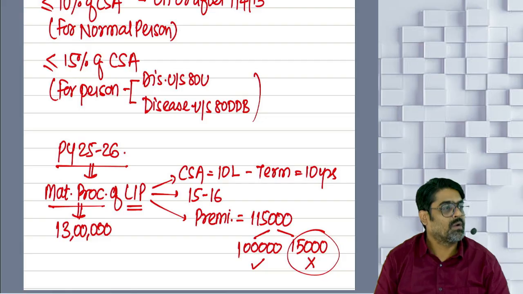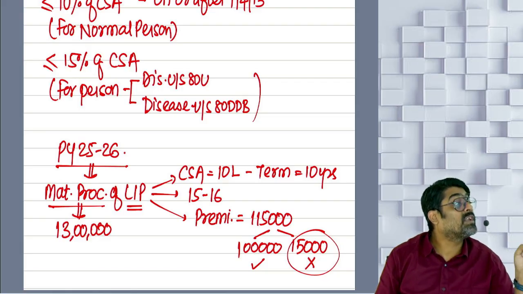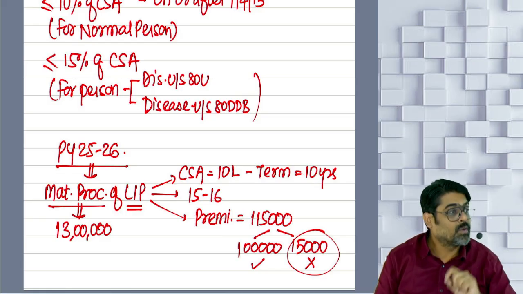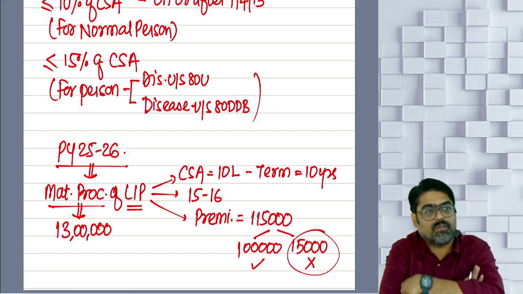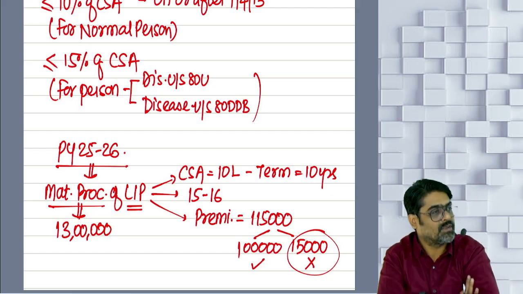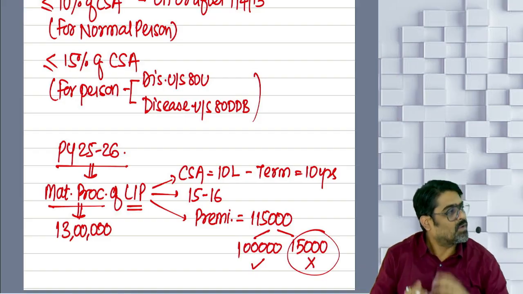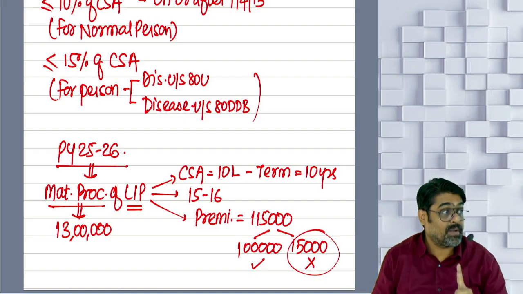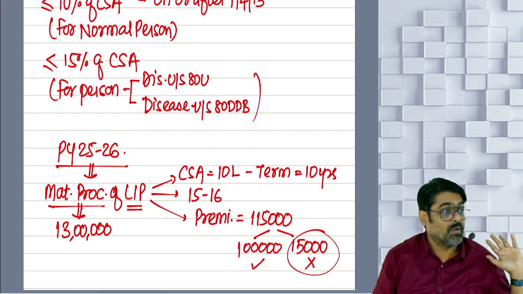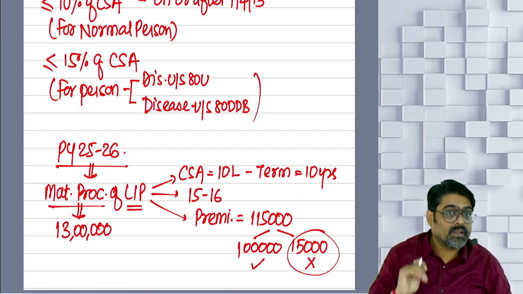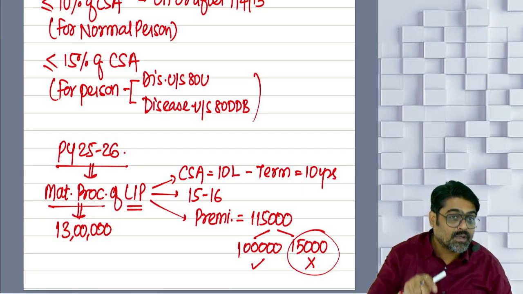Yes or no? But the premium which we have already allowed under section 80C coming back to you will not be reduced. So tell me, how much amount have you received? 13 lakhs. This 13 lakh is nothing but your premiums coming back. So reduce those premiums, but don't reduce the premium which we have already allowed. So which premium will you reduce? 15,000 into how many years? 10 years.